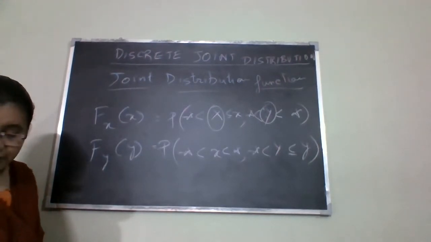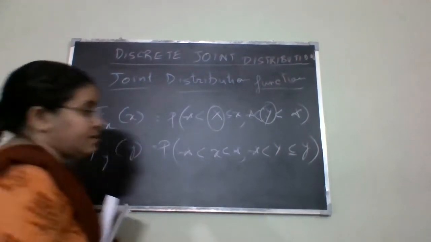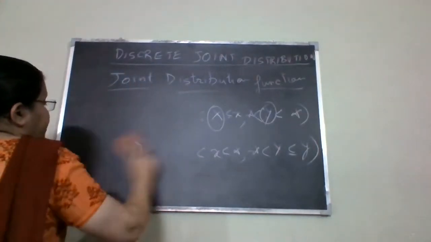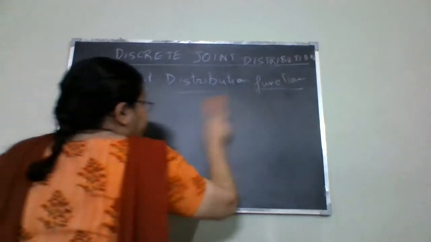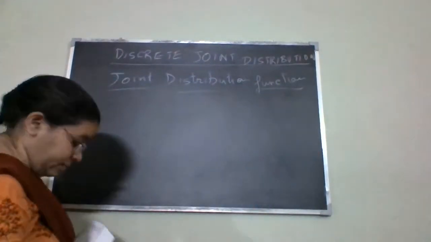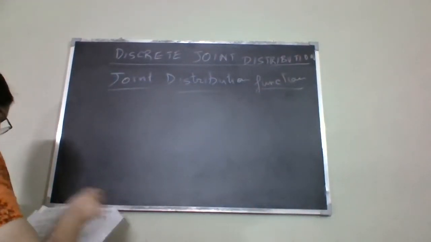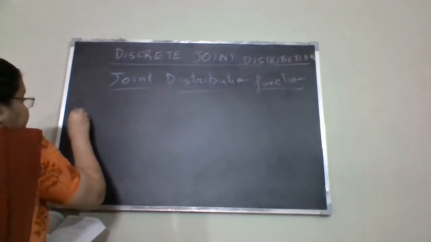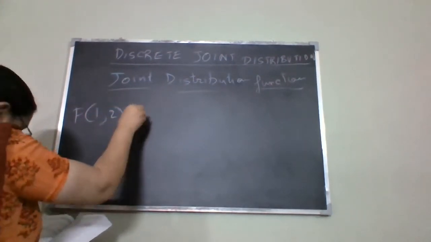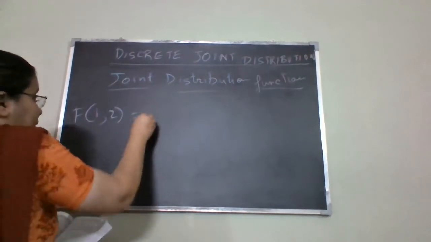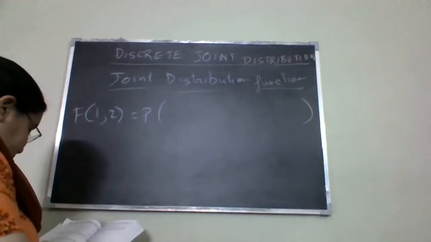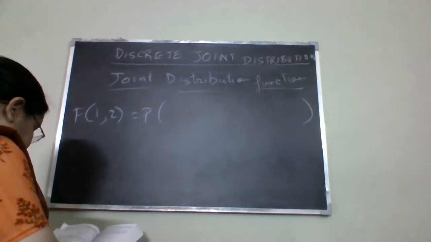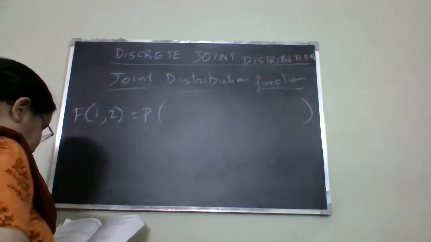So let us check this example. Okay. In this example we have F(1,2), that is equal to P. Again we are using this particular function, joint distribution function, not the previous functions. This is joint distribution function.